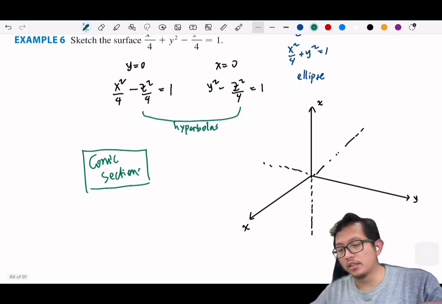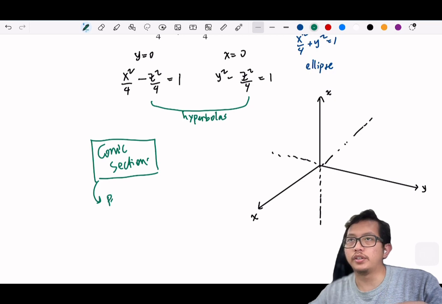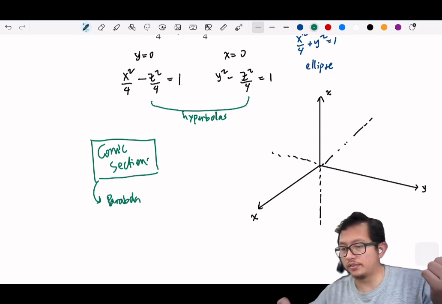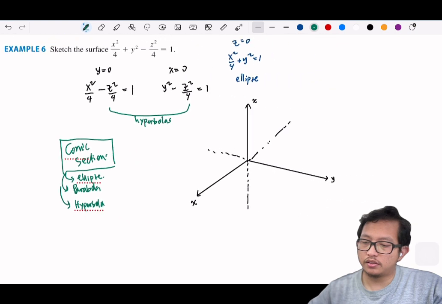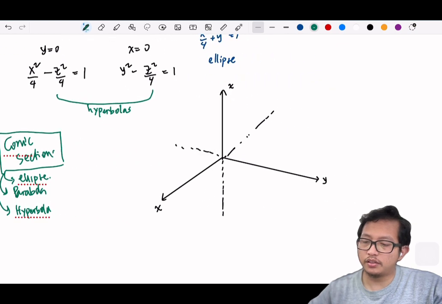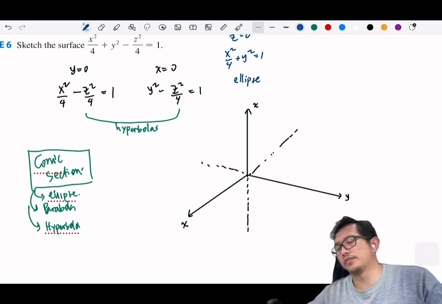But if you haven't, I think you can review them. Okay, so in conic sections we learn about a parabola, hyperbola, or ellipse at the beginning. At least these three.